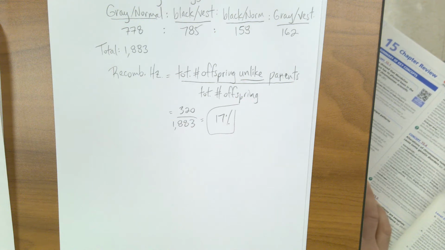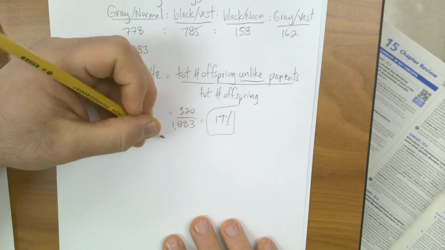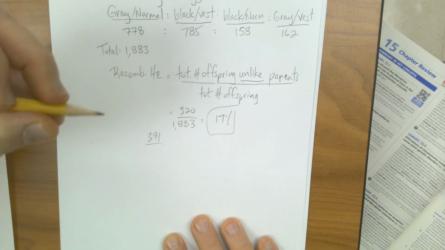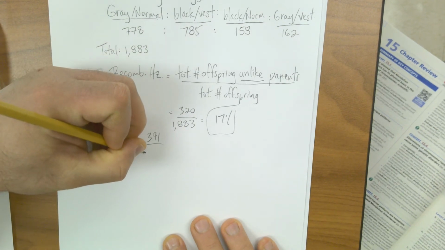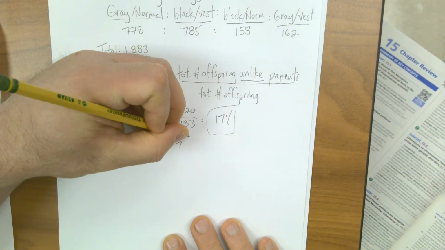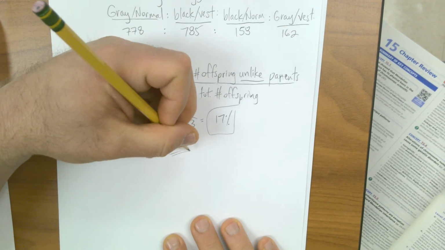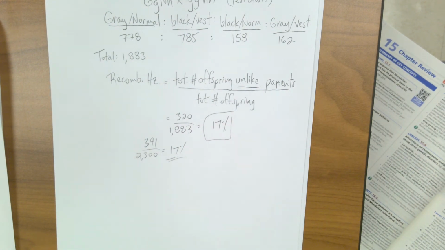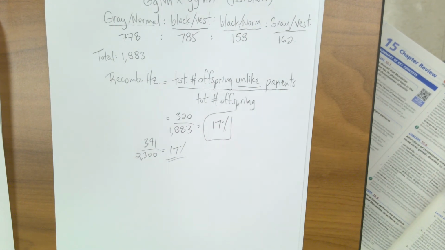If you look at the Morgan data, it was 391 flies out of 2,300. Turns out also 17%. So our experimental numbers match up with Morgan's experimental numbers, and boom, we're pretty happy with that.